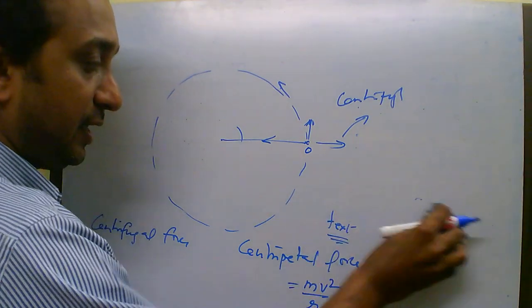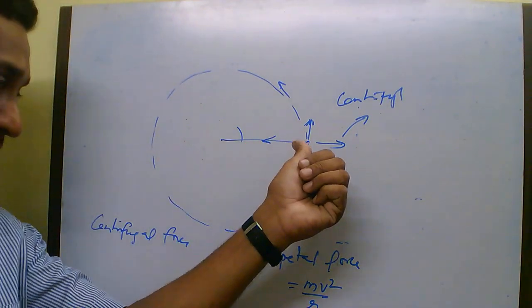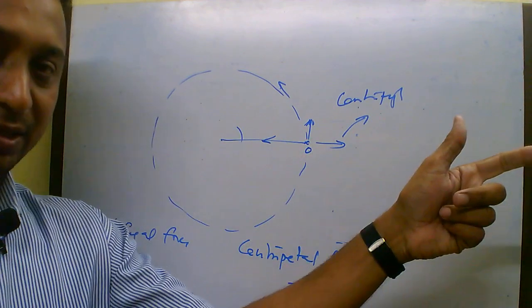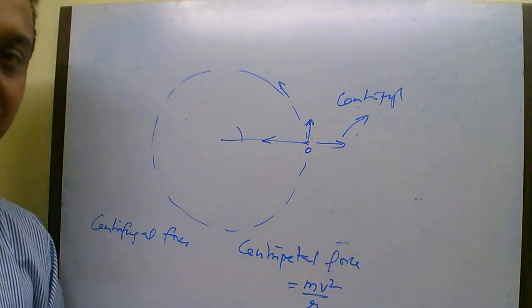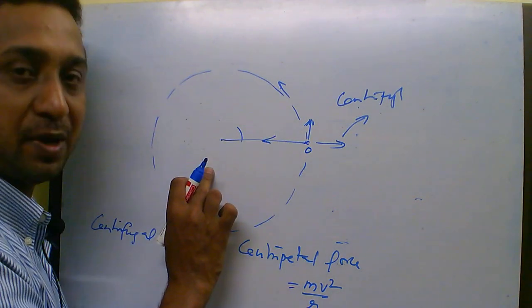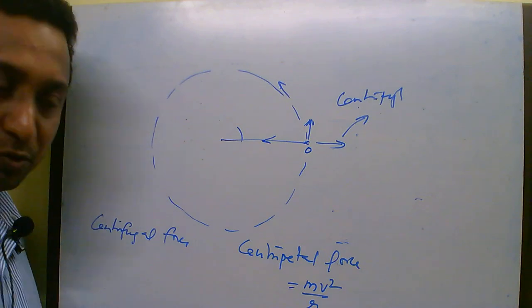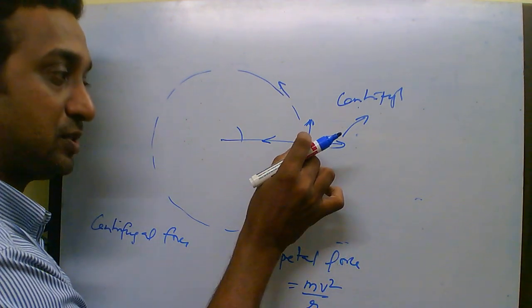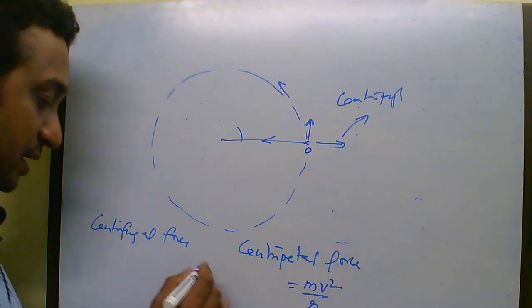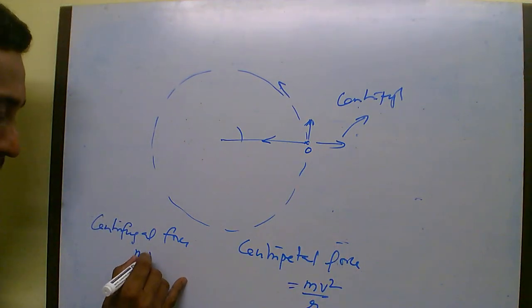Since the body is moving neither towards the center nor away from it along the radial path, both magnitudes should be the same. That is why the body is neither moving towards the center nor away from the center. So the magnitude of centrifugal force is also mv squared by r.